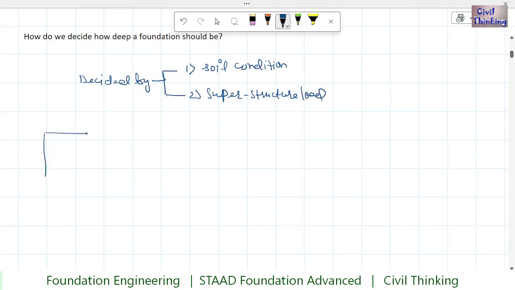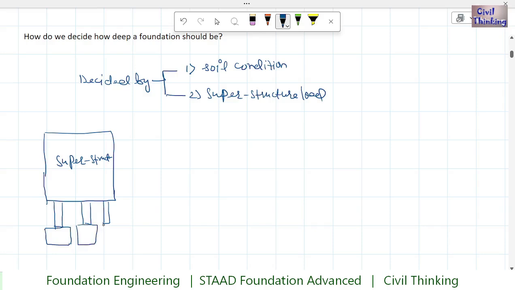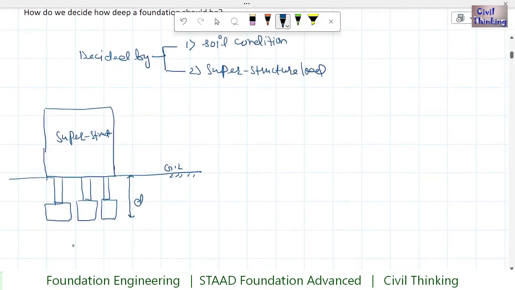Now if I try to draw a building, this is our superstructure. These are the columns, and this is our isolated footing. This is our ground level. This is the depth of foundation. This is our subsoil.